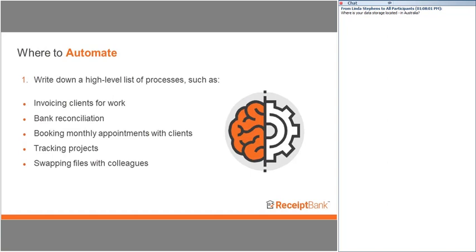This will help you just wrap your arms around what's happening in your practice, what are the processes that you and your team go through day to day, and therefore, where is a good place to start? So it might be invoicing clients, it might be bank reconciliation, booking, tracking projects, exchanging files, whatever it may be, there's certainly things that happen in your firm day to day. So the first step is just to write them down, just to see what we're working with.